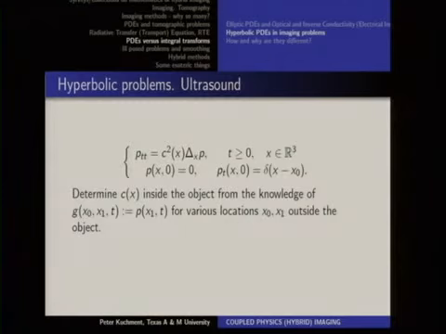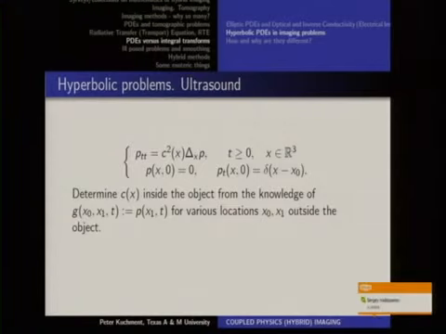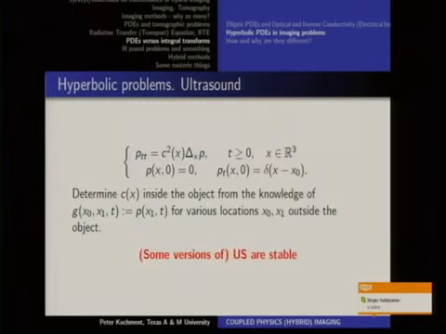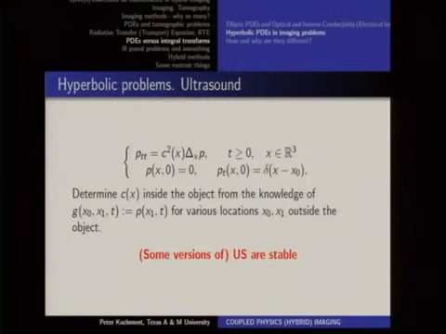At x naught you have your source transducer, and at x1 you have transducers that measure the response, and you can move those around. This is the data you have, and you need to find this coefficient, the speed of sound, c of x. There are some caveats here, but if it's done properly, it's stable.